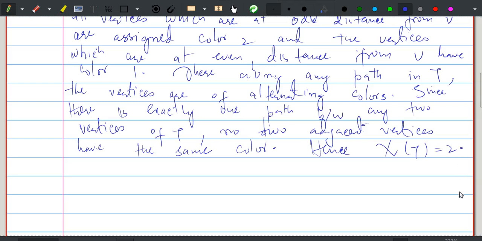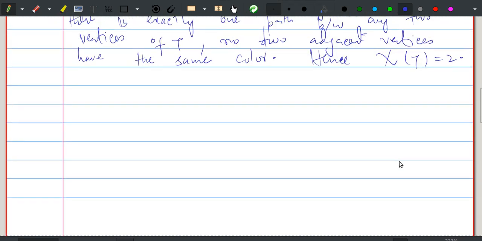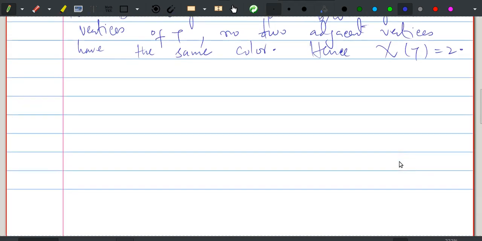Now let us do one more result here. This is called Konig's theorem, the theorem given by Konig, named after Konig.